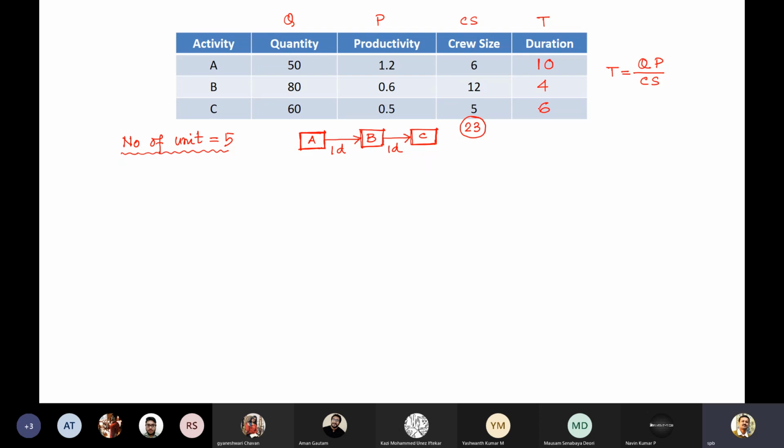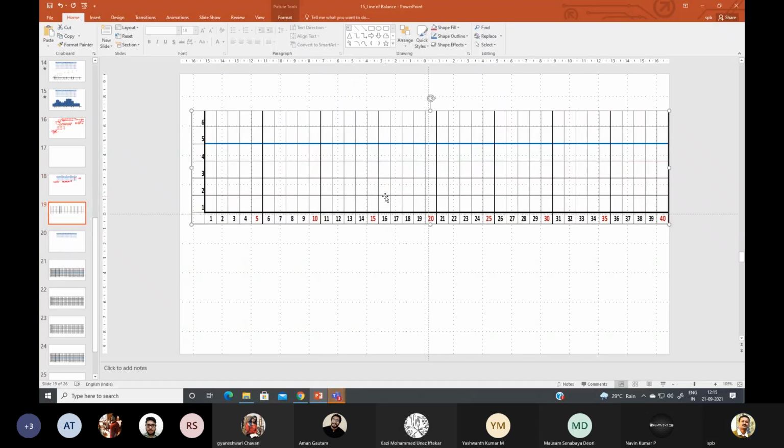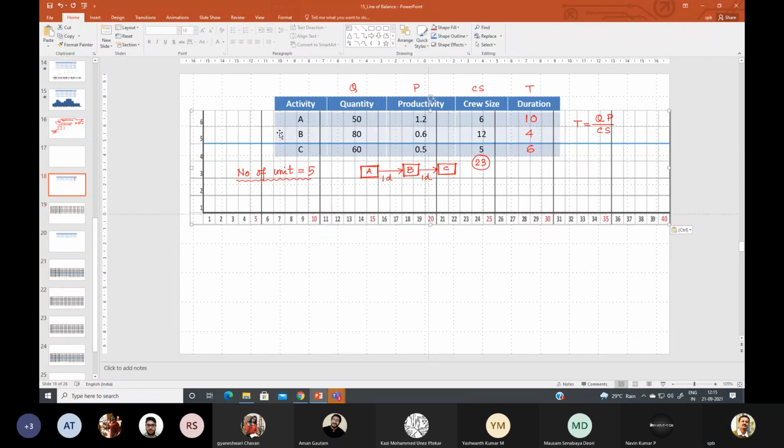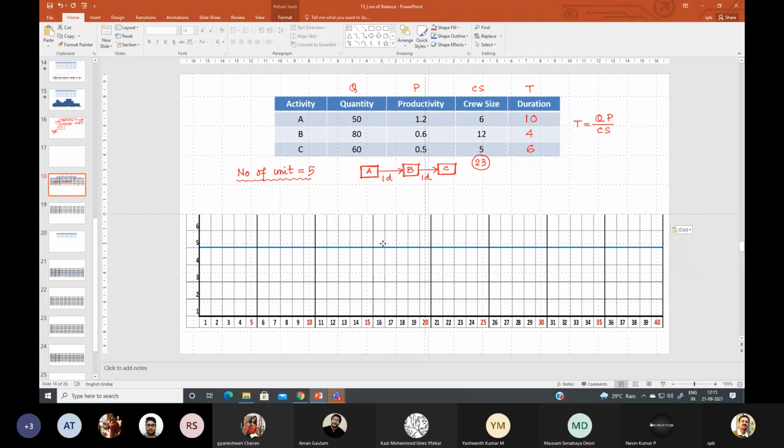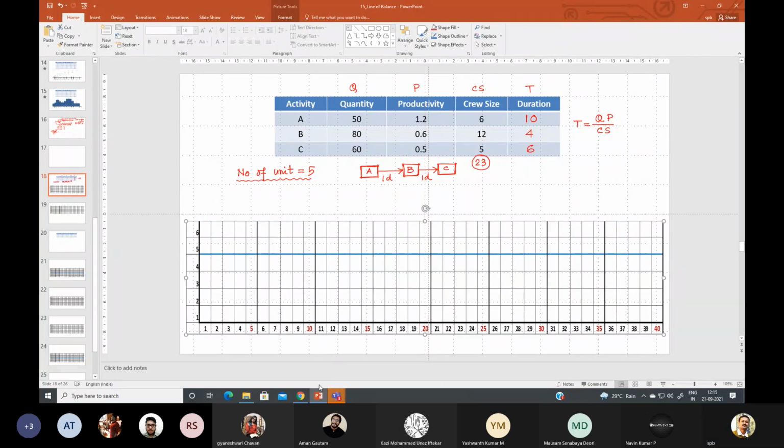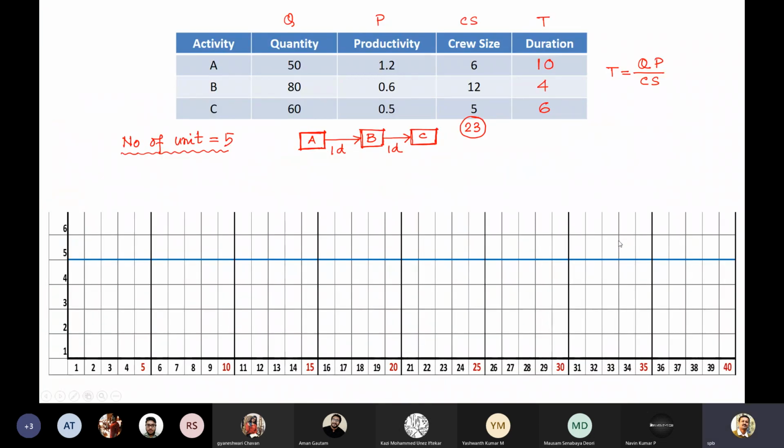So now I will take a chart and try to work this out. So A is of 10 days, B is of 4 days, and C is of 6 days.